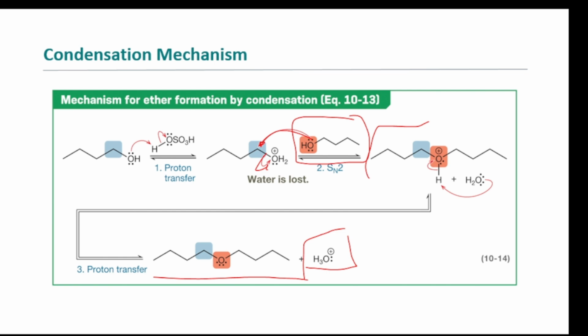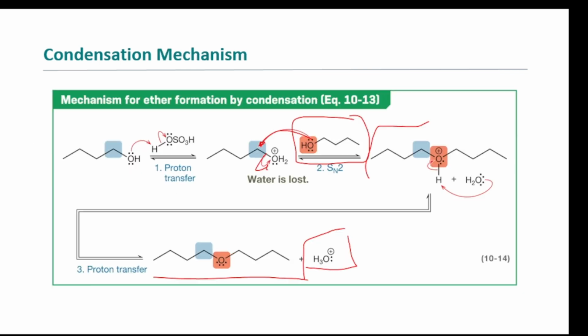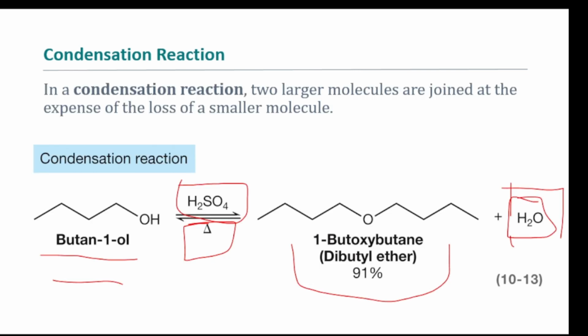If we looked at the overall reaction, what did you notice about the overall reaction? What was the product? Water. What's the product here? Hydronium, yeah. So in this, we've represented our acidic conditions right here, okay?